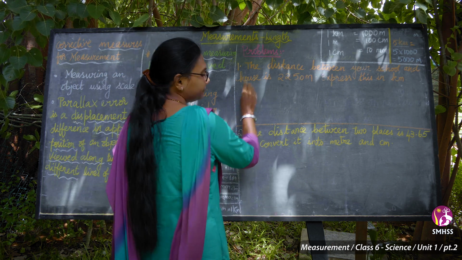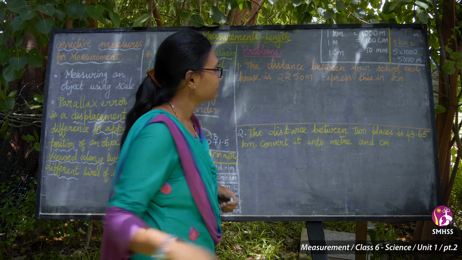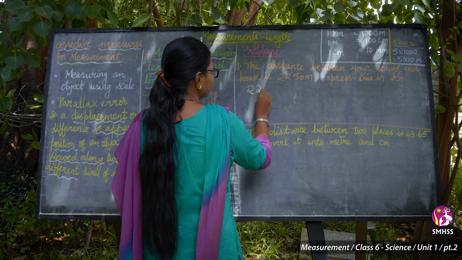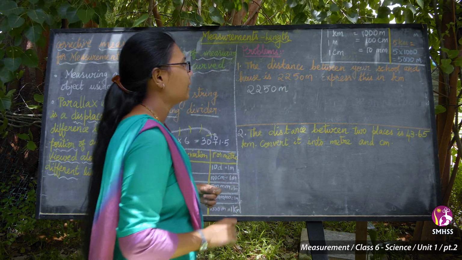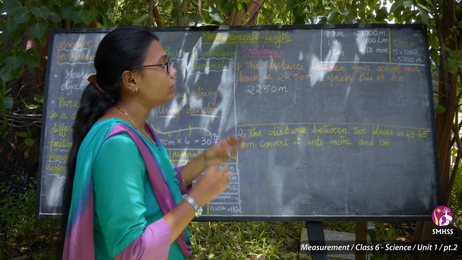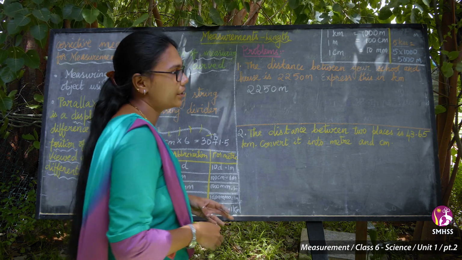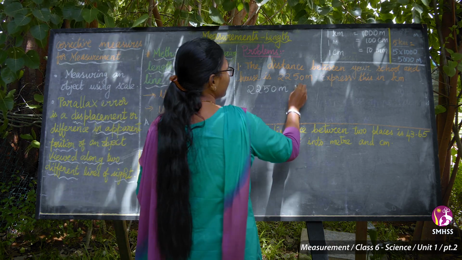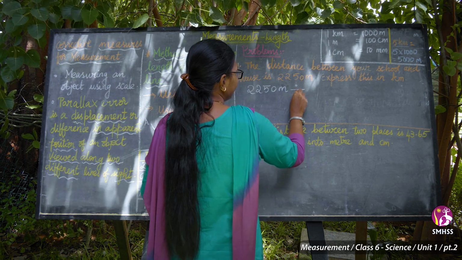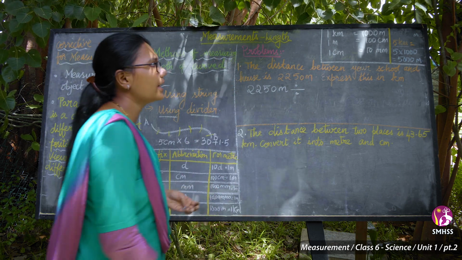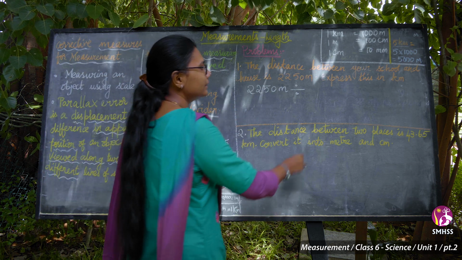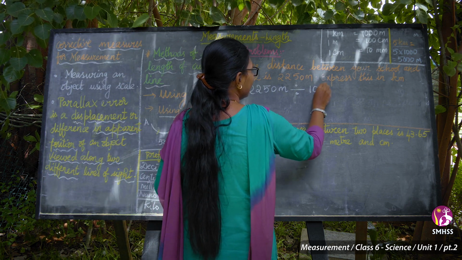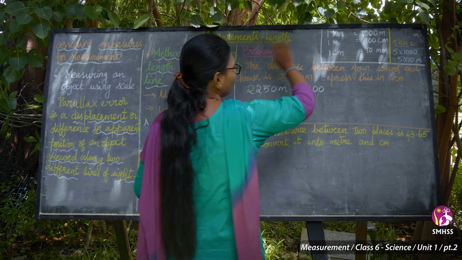So write it down. 2250 meters. You have to convert meters into kilometers. So what you must do is divide it by how much? Divided by 1000, the same thing, 1000 meters is 1 kilometer.